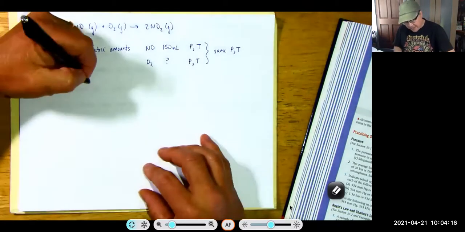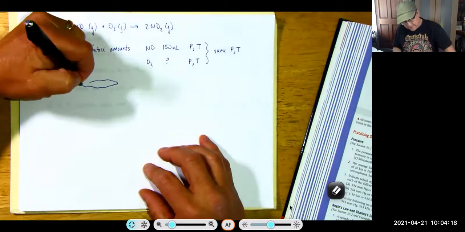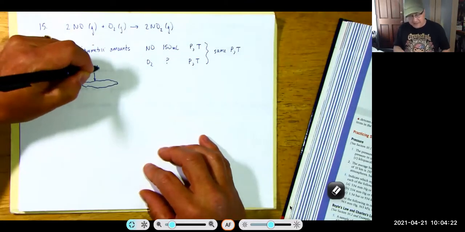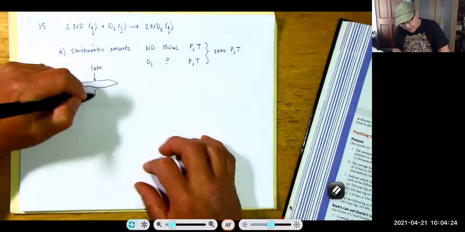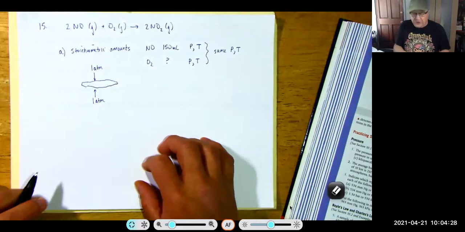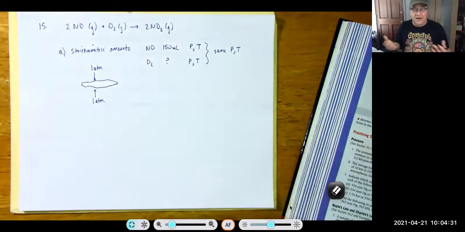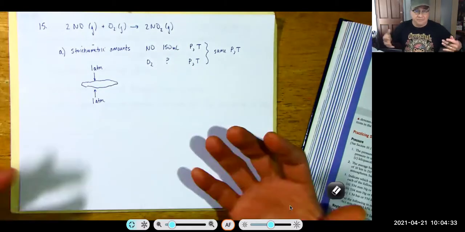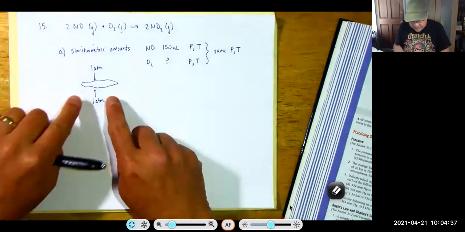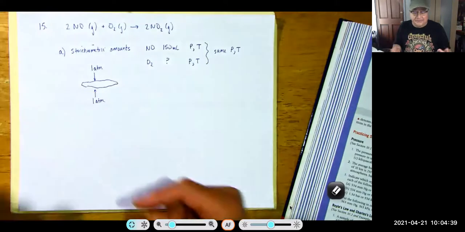So here's a bag, and you have pressure from the atmosphere pressing down on the bag from all directions of one atmosphere, right? Okay. So this is like you're a bag, only you're not a bag of gas, you're a bag of liquid, solid, and all sorts of different things. But imagine that this is just a bag with gas in it.